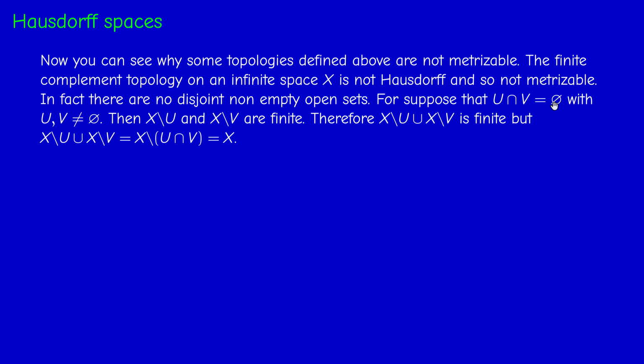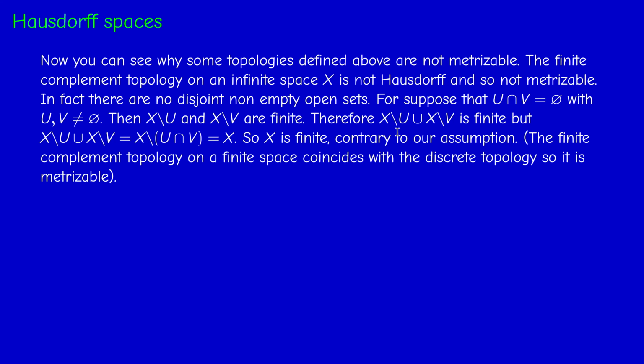But if the intersection is empty, then the complement is the whole space X. So we would have X finite, but we assume that X is infinite. So we get a contradiction. So in this finite complement topology, any two non-empty open sets necessarily meet. So we cannot find two disjoint open sets, right? So it's not Hausdorff.